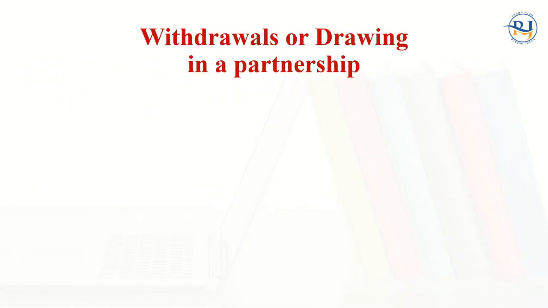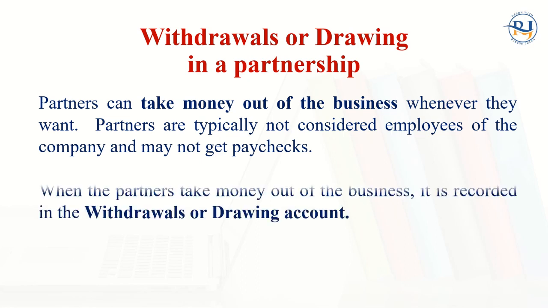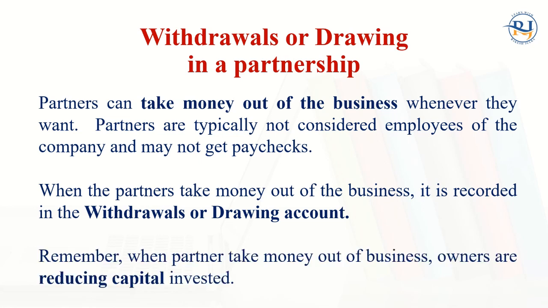Now, in case of withdrawals, this is upon the wish and discretion of the partner to withdraw some money. A partner can take money out of the business whenever they want. Partners are typically not considered employees of the company and may not get a paycheck. When a partner takes money out of the business, it is recorded in the withdrawal or drawing account.